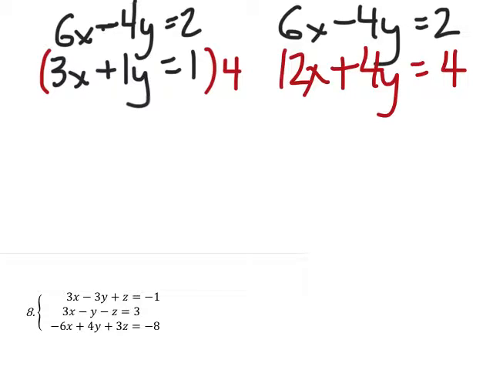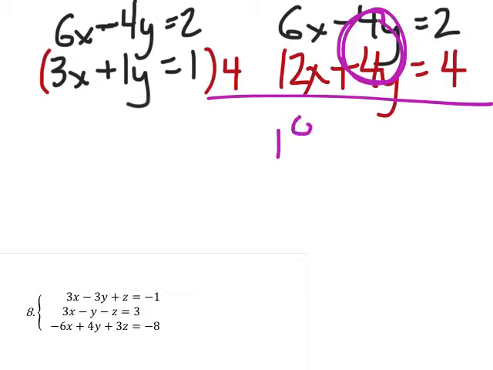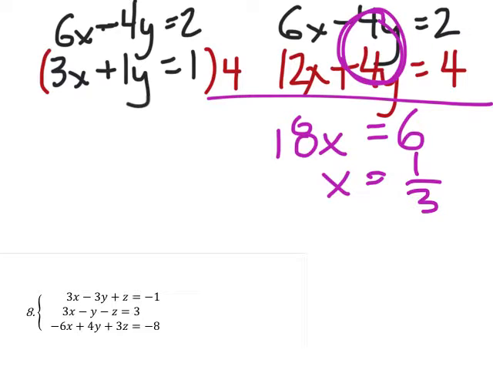And I can eliminate these right now. You can see the y's will eliminate, and I end up with an 18x equals 6. So dividing by 18 on both sides, we get x is 6/18, which is 1/3.